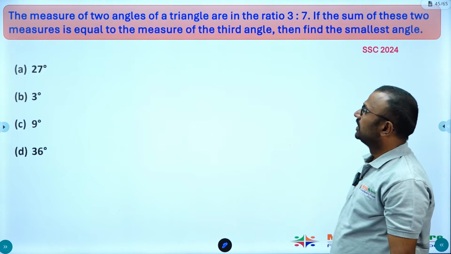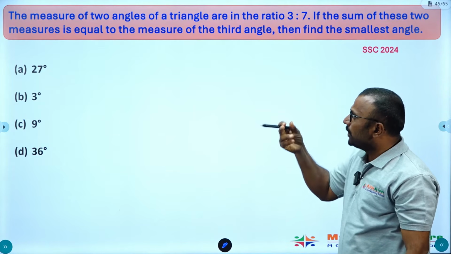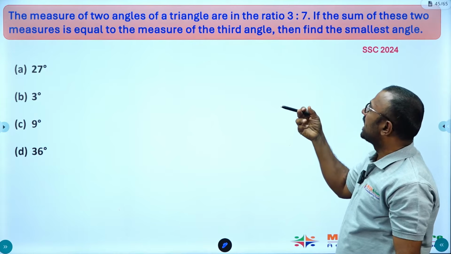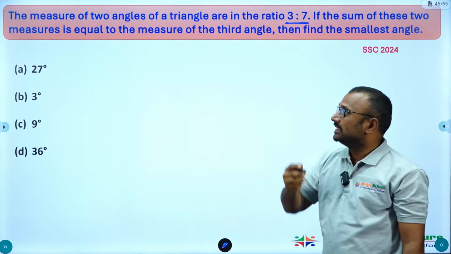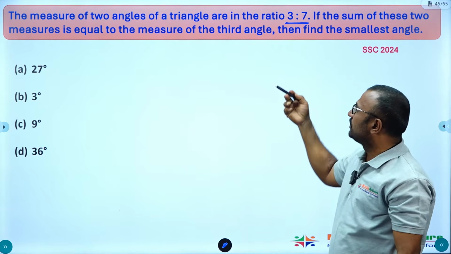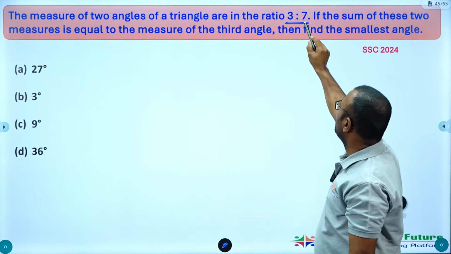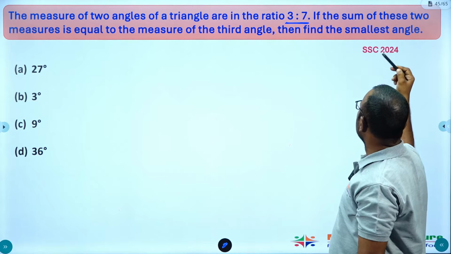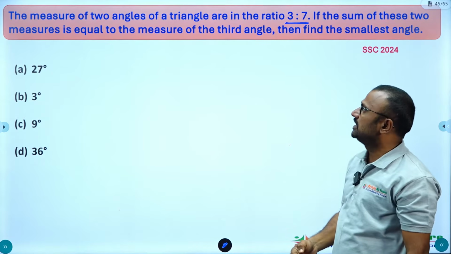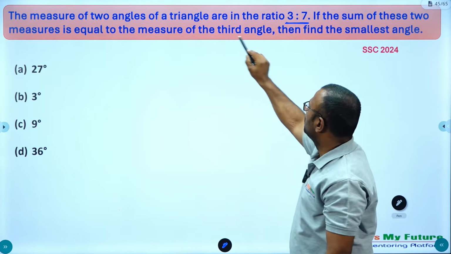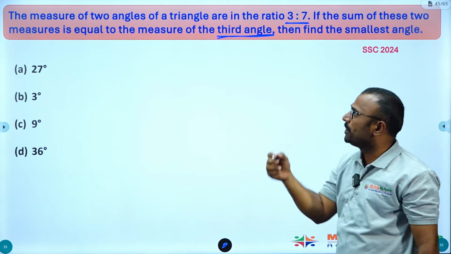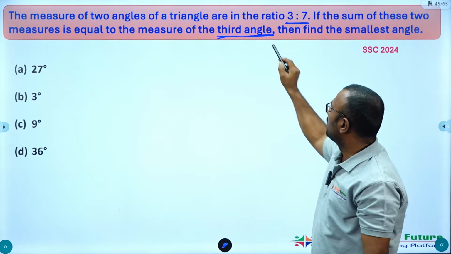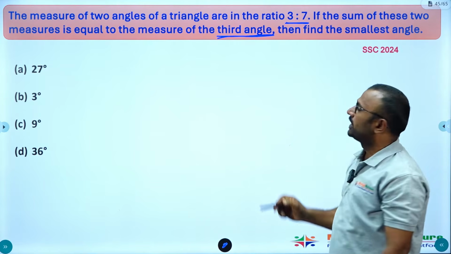Next question. The measures of two angles of a triangle are in the ratio 3:7. If the sum of these two measures is equal to the measure of the third angle, then find the smaller angle.